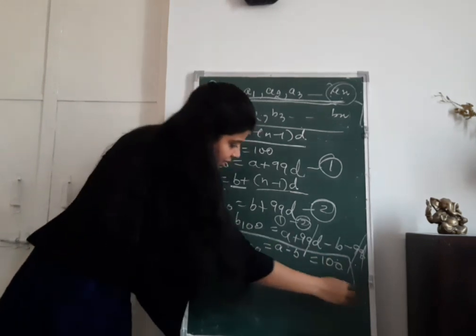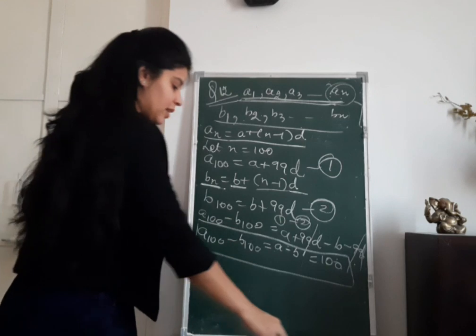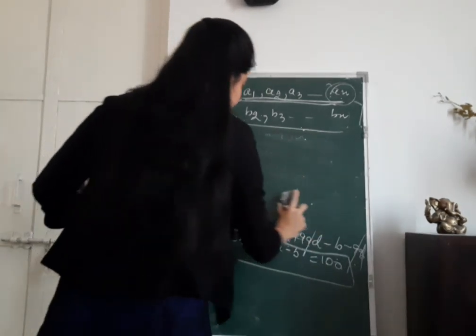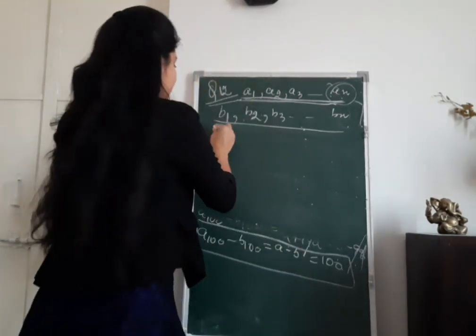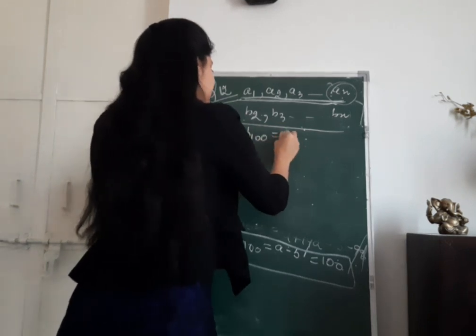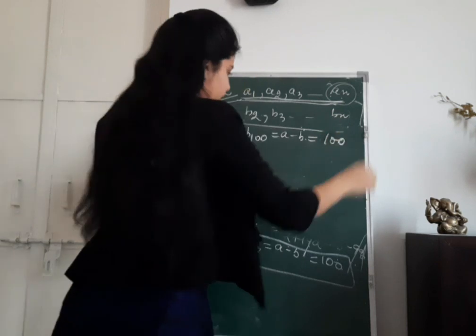As given in the question, difference between their 100th term is what? 100. So let's keep this. A100 minus B100 is equal to a minus b is equal to 100.